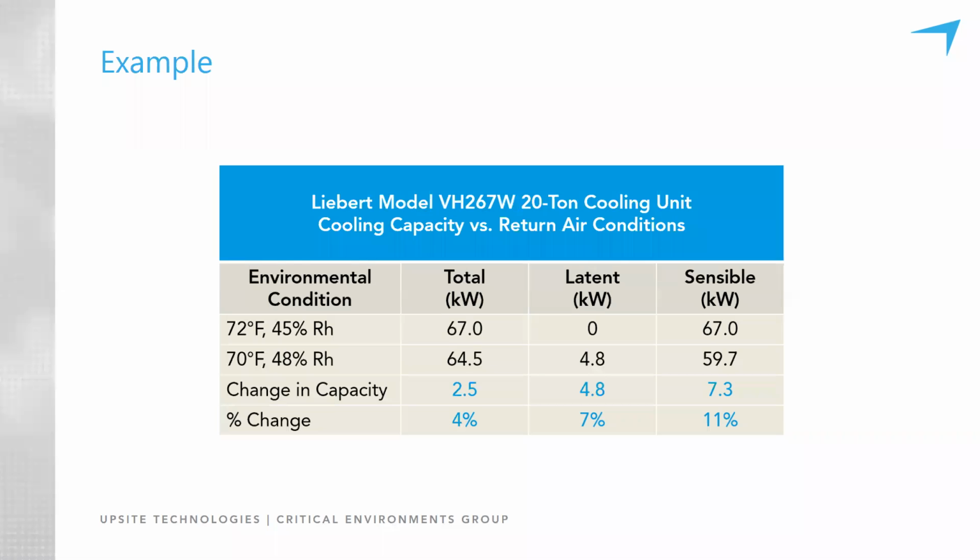The total capacity of the cooling unit goes up to 67 kilowatts. And since there's no more condensation occurring on the coils, there's no cooling capacity consumed by that latent heat. All of the capacity is sensible at 67 kilowatts. So that's an 11% increase in the sensible cooling capacity of that cooling unit with just a 2-degree change in return air temperature.